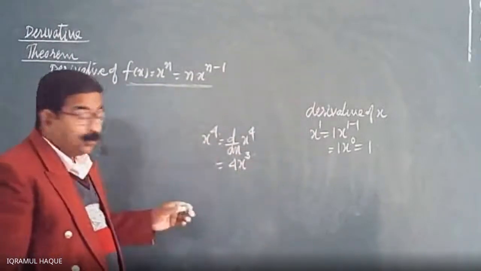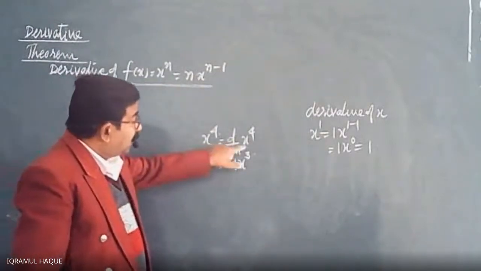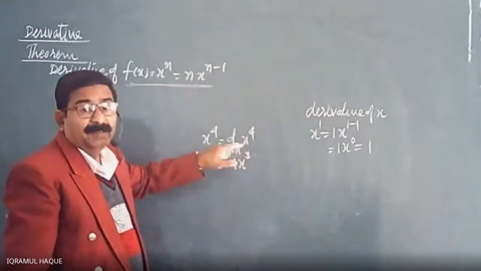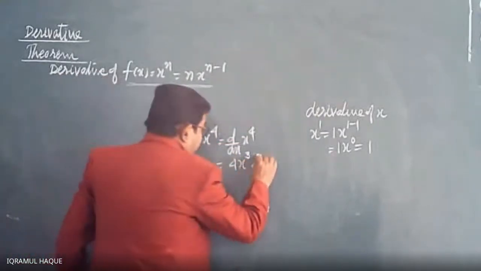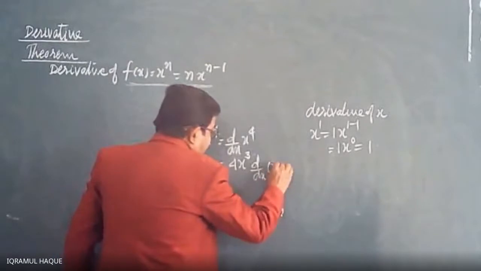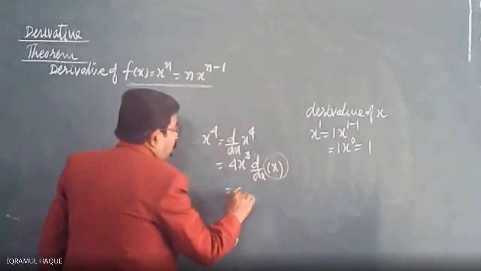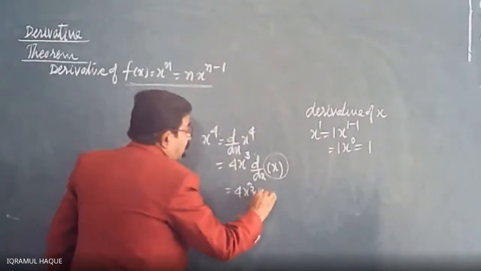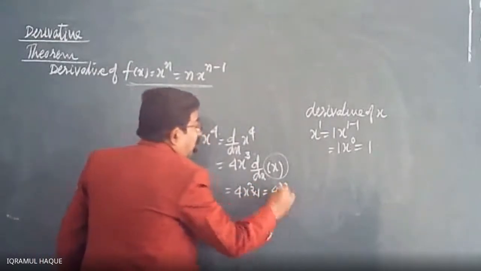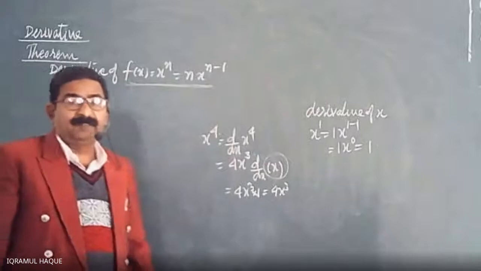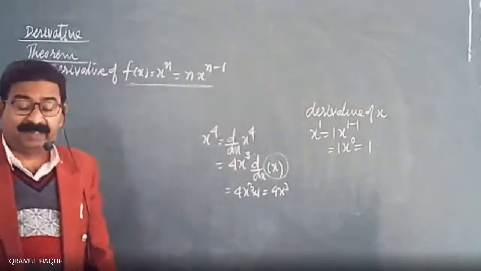One power is reduced. And again we find the derivative of the base, d/dx of x. The derivative of x is 1. So 4x cubed into 1 is 4x cube. In the case of x, we never find the derivative of the base again.